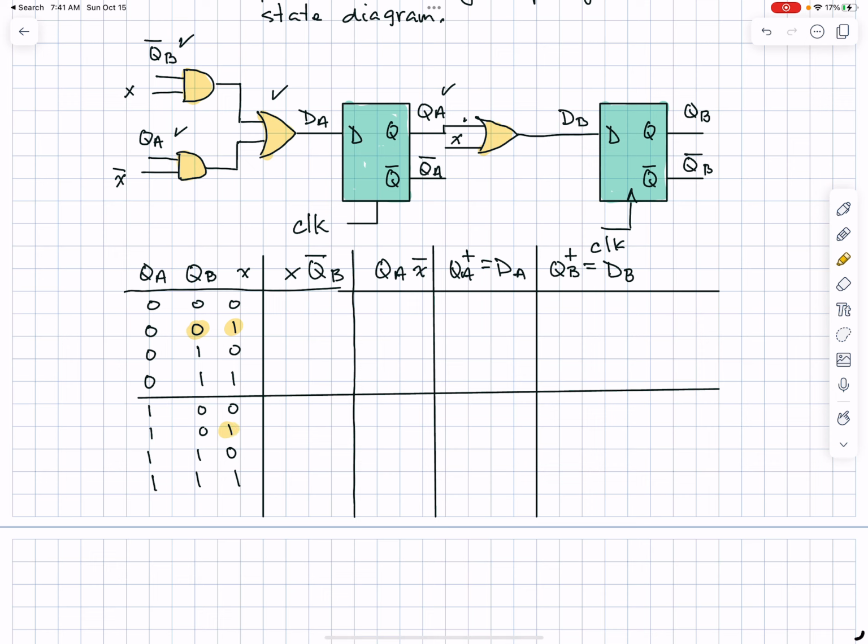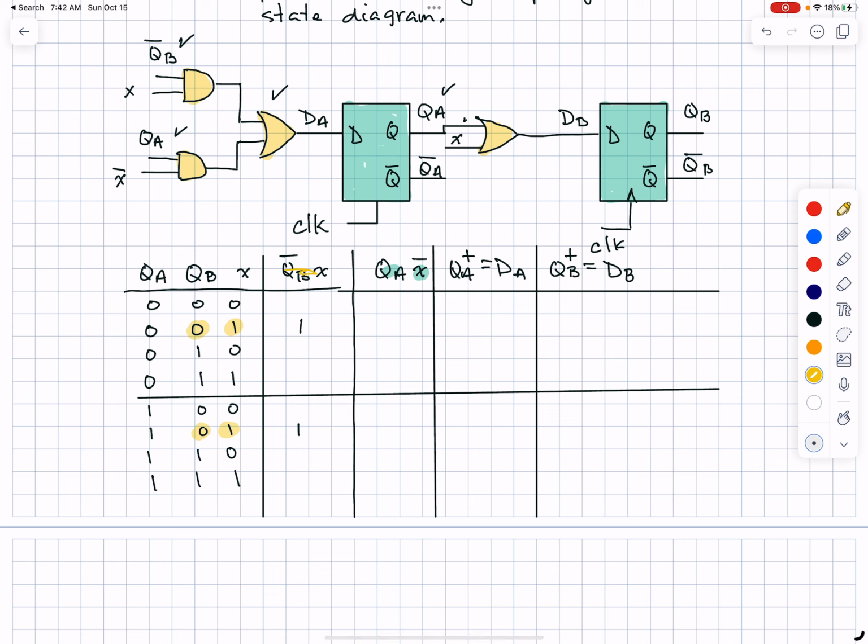So here and here gives me that combination where X QB bar is equal to 1. Then I look for the next combination, where QA X bar is equal to 1. It would have been easier if I'd put this in the right order, QB bar X, but you get the point.